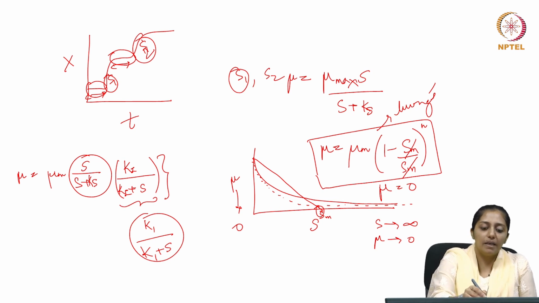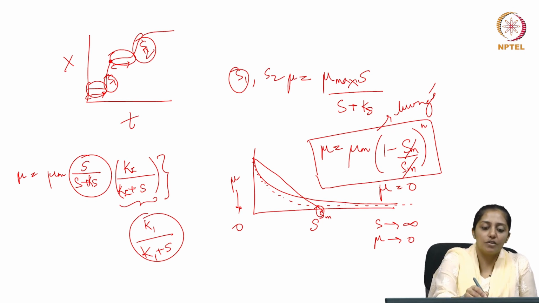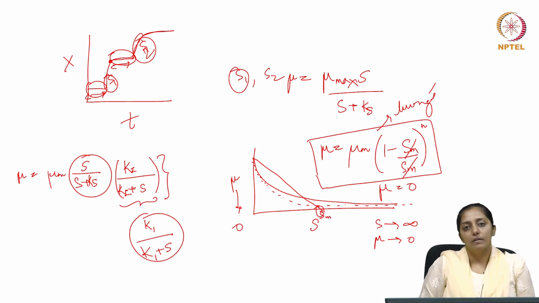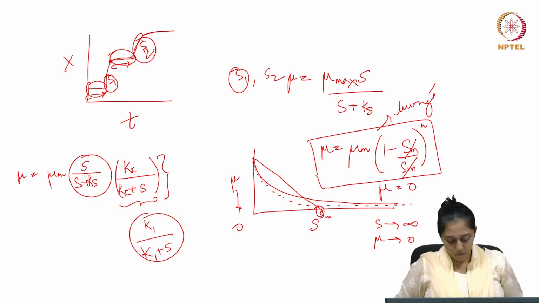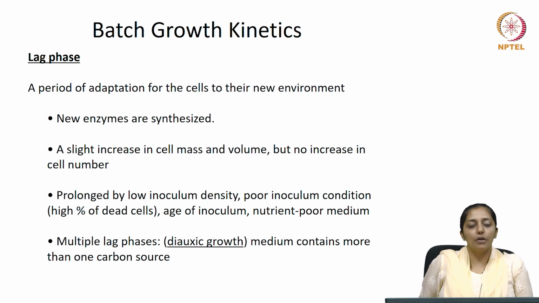Once S1 depletes, at this point it will start preparing its machinery to utilize S2, and therefore the second lag before it begins utilization of S2 for the second phase of multiplication. So this is the diauxic growth pattern, where you can observe multiple lag phases.